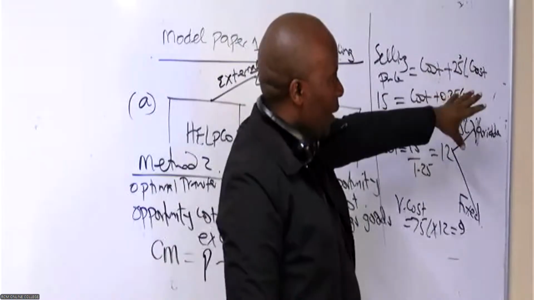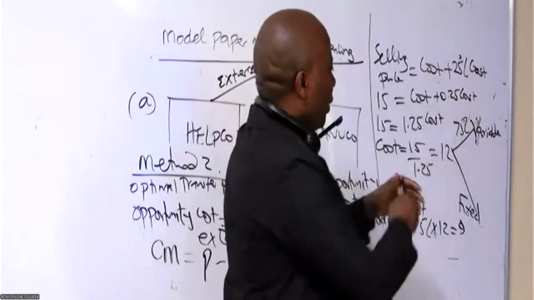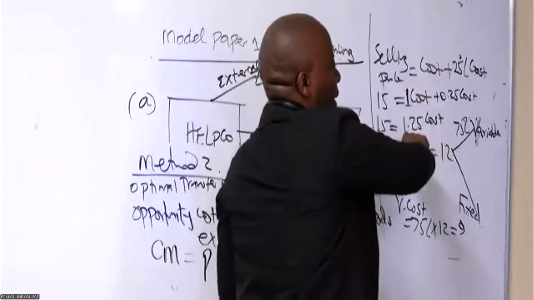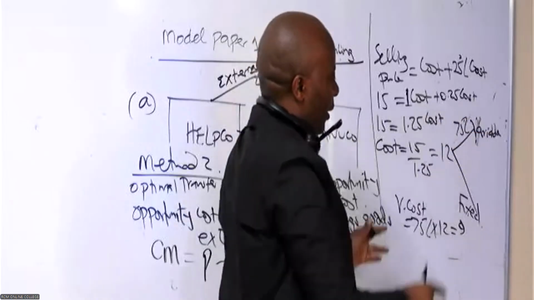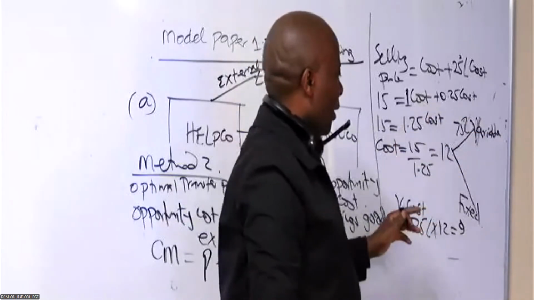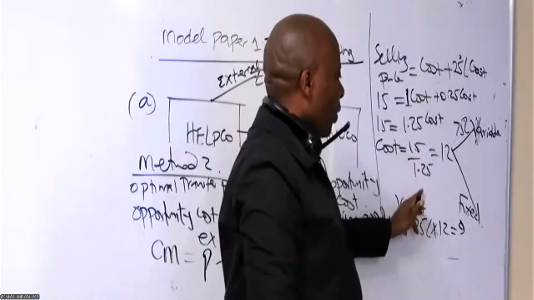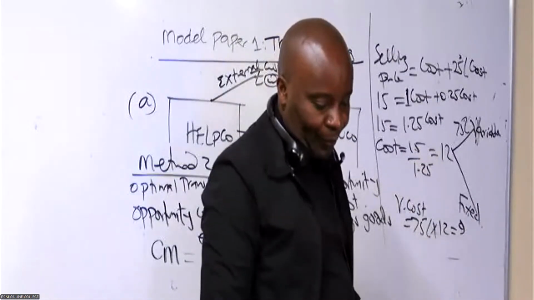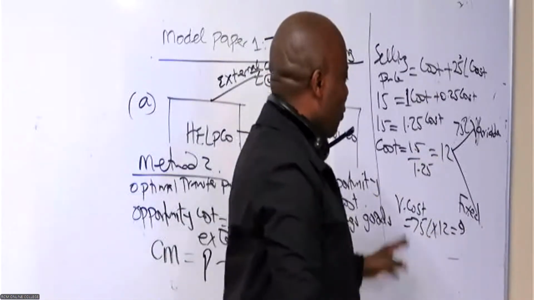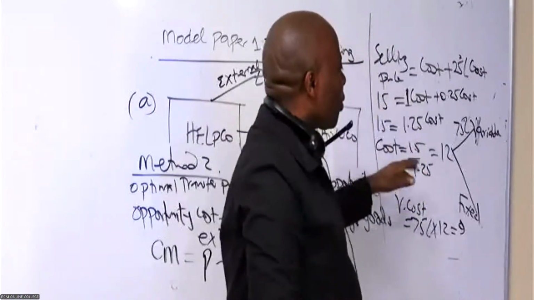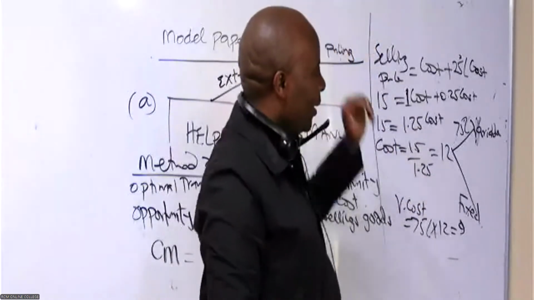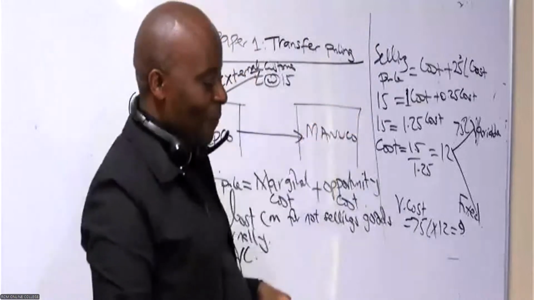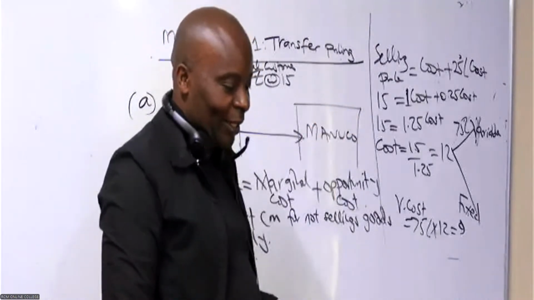When you take 0.25, there is an implied one here: one cost plus 0.25 cost gives us 1.25 cost. So the cost will be 15 over 1.25, which is 12. If you try working with 0.25, the cost will be far higher than the price of 15. It wouldn't make sense at all.